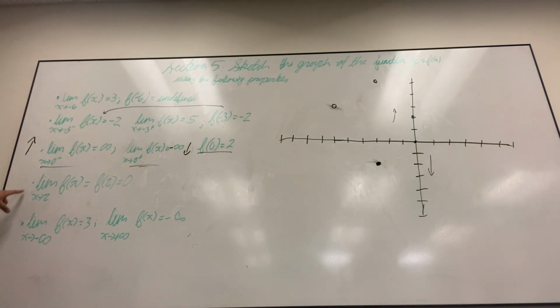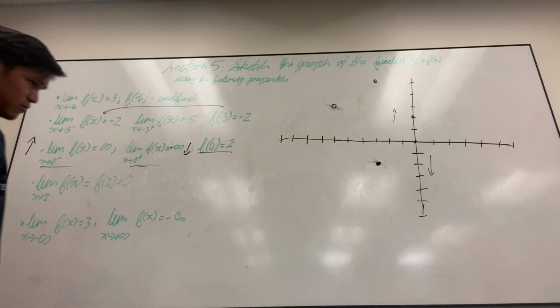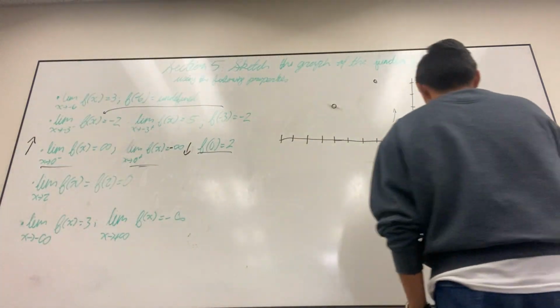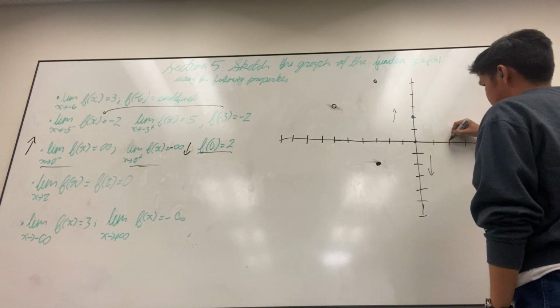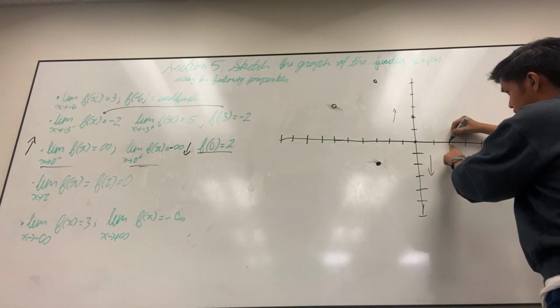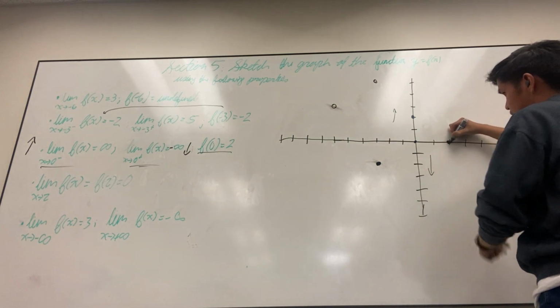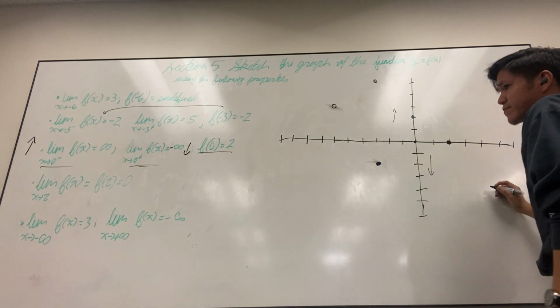Our next property is the limit as x approaches 2 of f of x equals f of 2 equals 0. So at 2, the point is 0. So we're going to solid in the point.